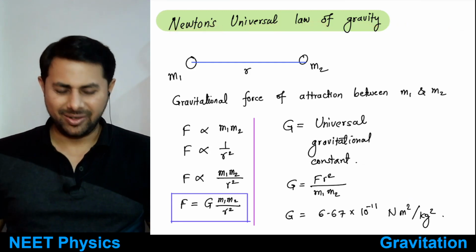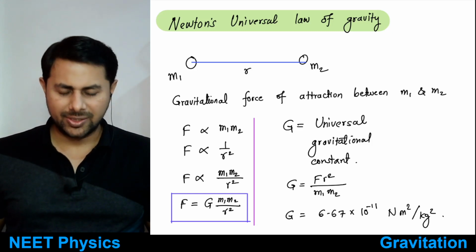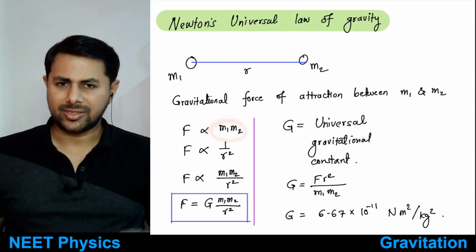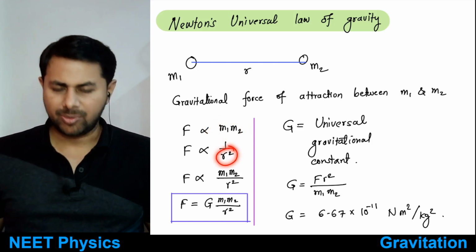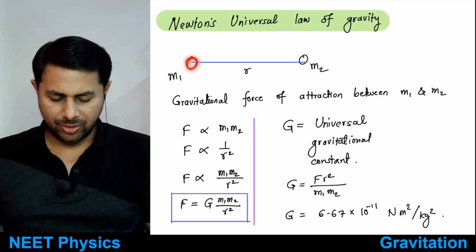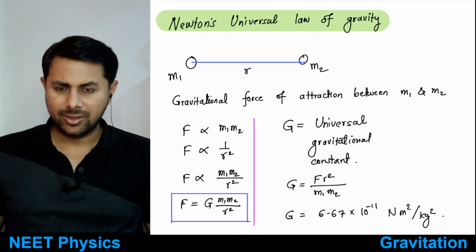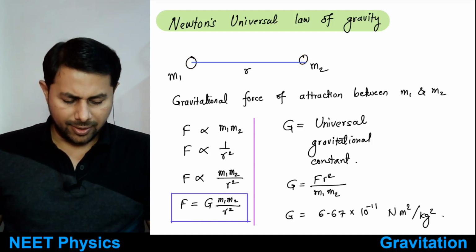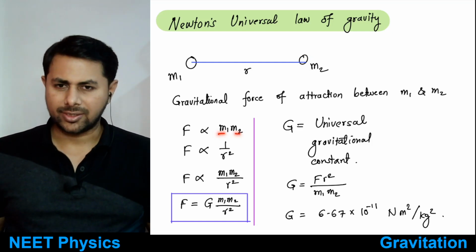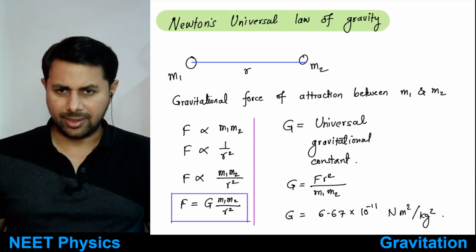It says that every body of the universe attracts every other body of the universe with a force which is directly proportional to the product of masses of the two bodies, and inversely proportional to the square of the distance between them.